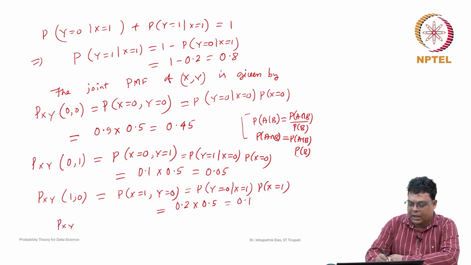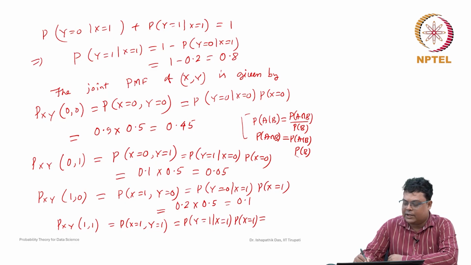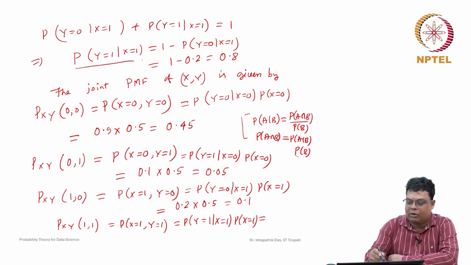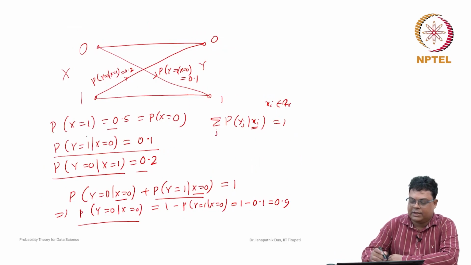Now, the last probability is x equal to 1, y equal to 1. Similarly, we compute it as y equal to 1 given x equal to 1, into the probability that x is equal to 1. Here the conditional probability is 0.8, into the probability that x equal to 1, which is 0.5.